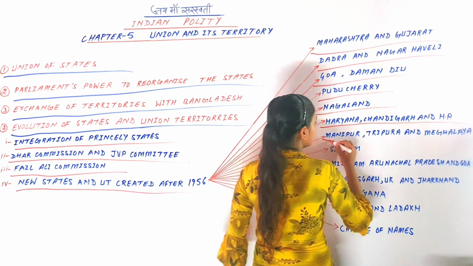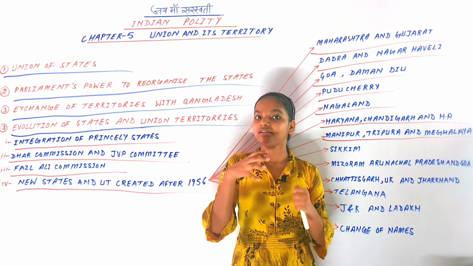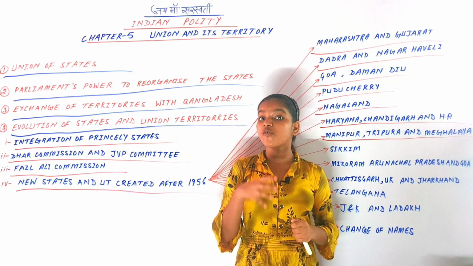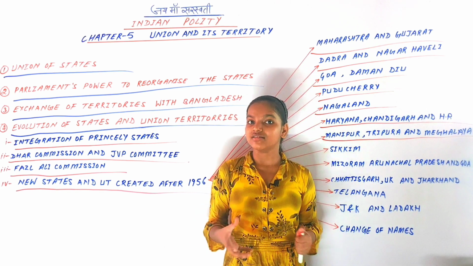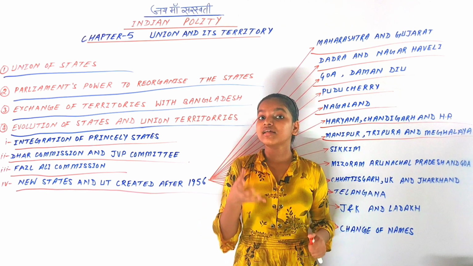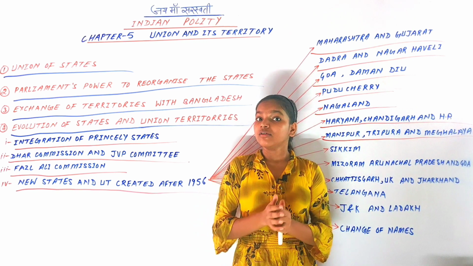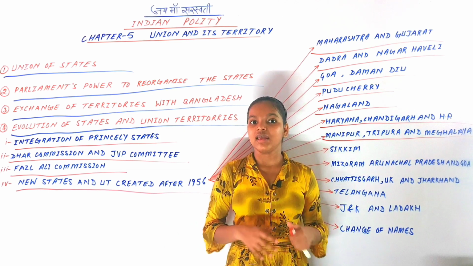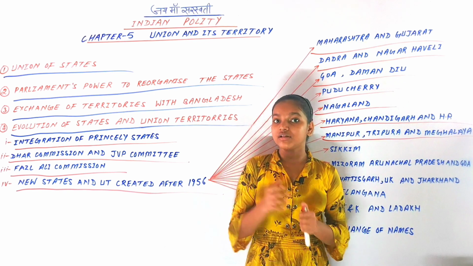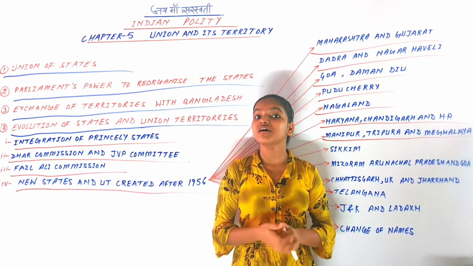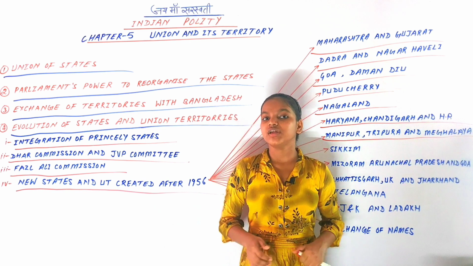So next is Manipur, Tripura and Meghalaya. Around 1972, the political map of northeastern India underwent many changes, with many separations and unifications. Manipur and Tripura, which were union territories, and Meghalaya, which was a sub-state, were created as states of the Indian Union.